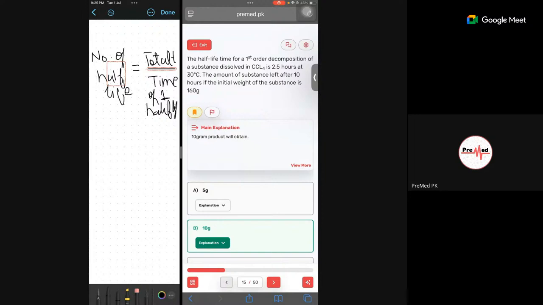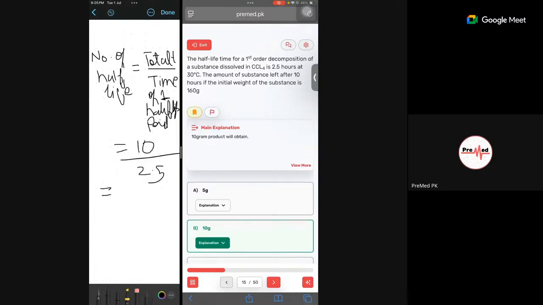So how much time do we have as the half-life period? If we see this MCQ, we have the amount of substance left after 10 hours. It means that in this reaction, we have the maximum time as 10, which will be divided by 2.5 hours. What answer do we get after dividing 10 by 2.5?